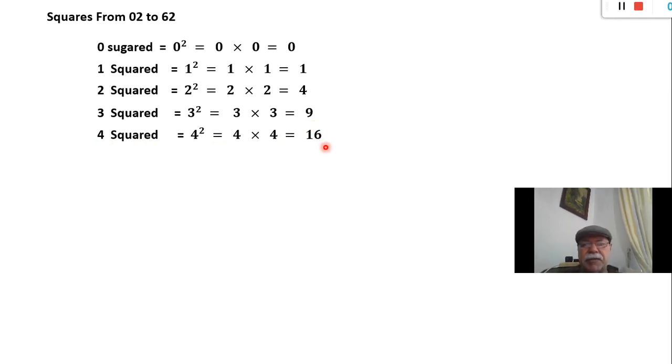Even 100 times 100 or 1000 times 1000, anything we write with square, you multiply the number by itself in order to get the result.